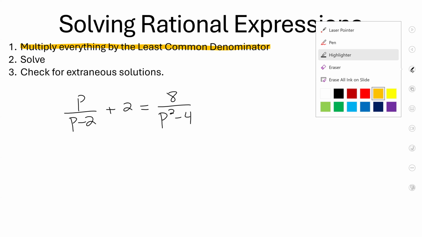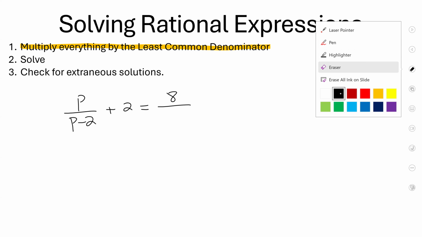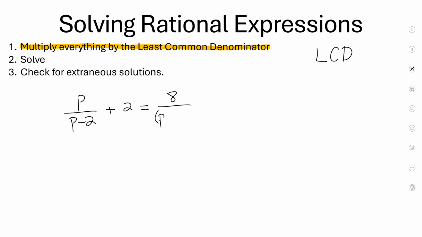So let me help you figure out how to find the least common denominator. What helps is if you factor the denominator first. So if I were to factor this, how would I write it? Exactly. So guys, I'm going to rewrite this denominator as p minus 2 times p plus 2. Do you guys see how it's still the same problem? Okay.